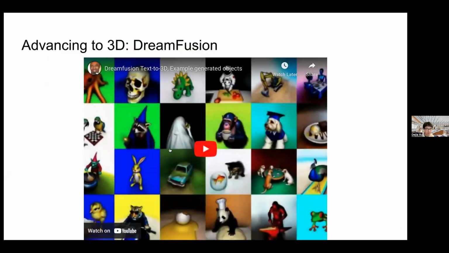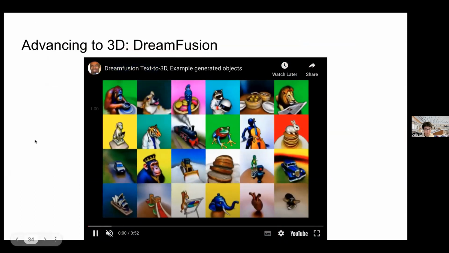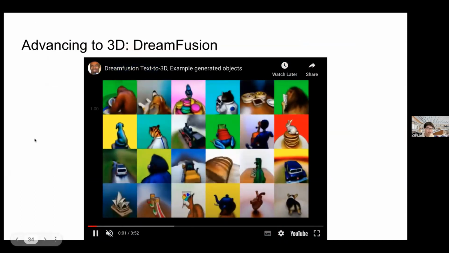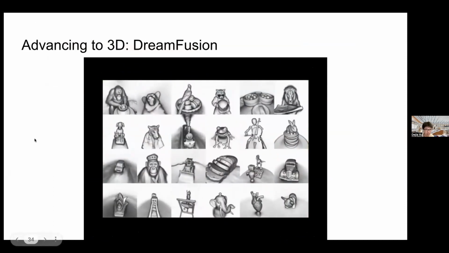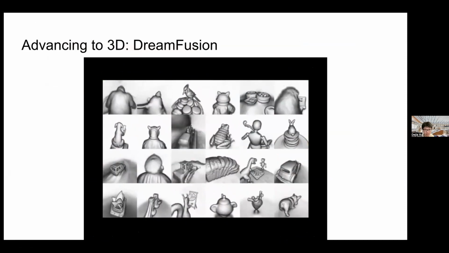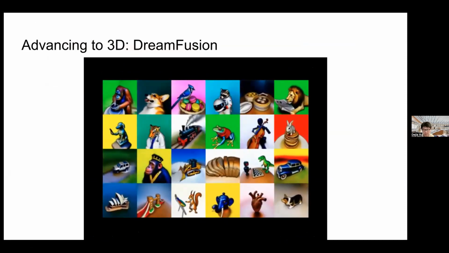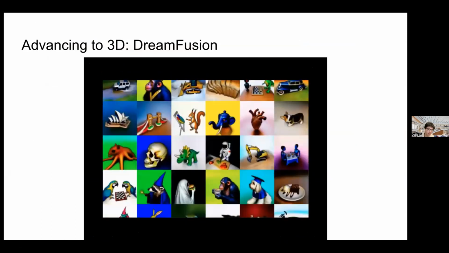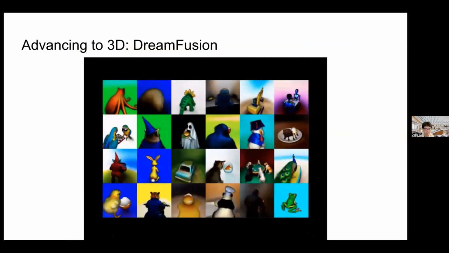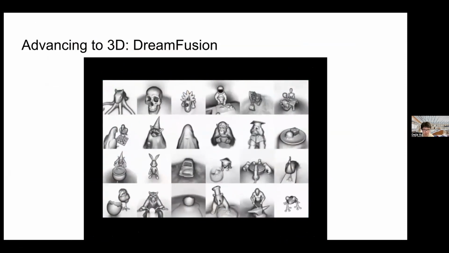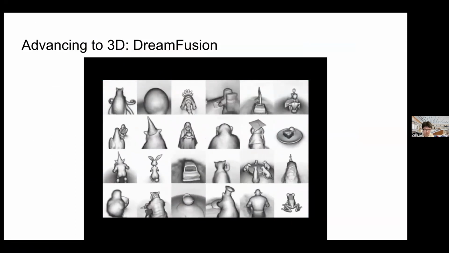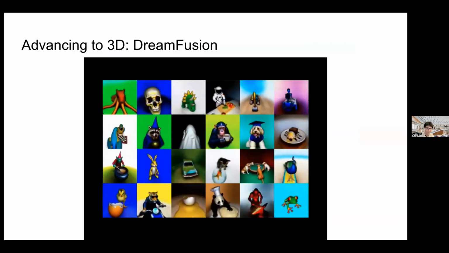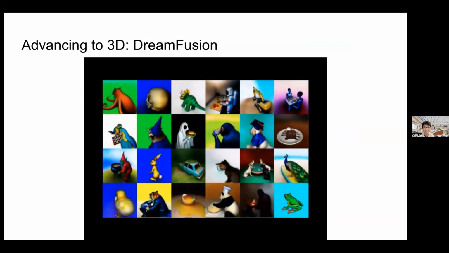And next, I'm going to briefly introduce this DreamFusion paper. This is a very exciting application advancing to 3D generation. And surprisingly, it also uses 2D diffusion models. So this is actually built with a text-to-image model. And you can see that it can generate arbitrary 3D contents that definitely are not real.